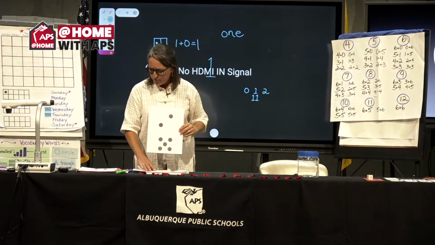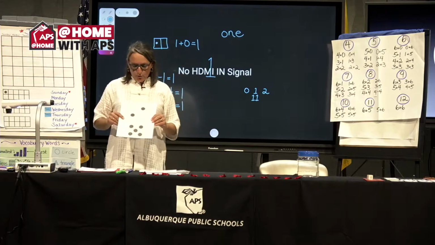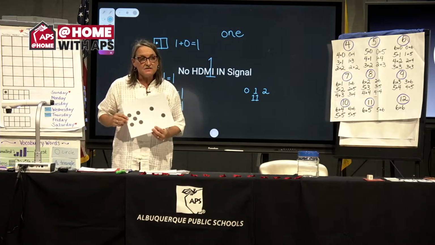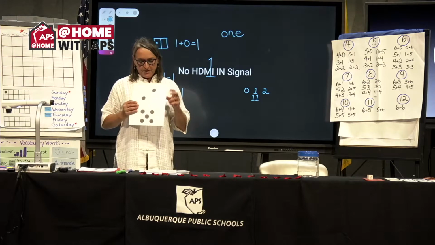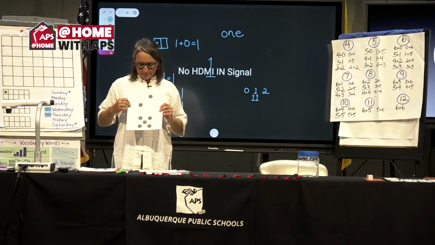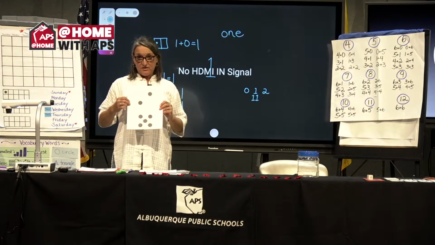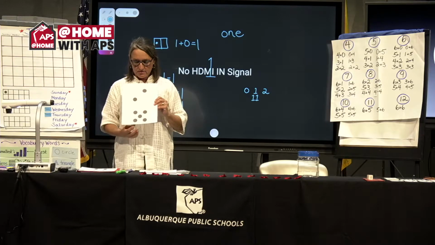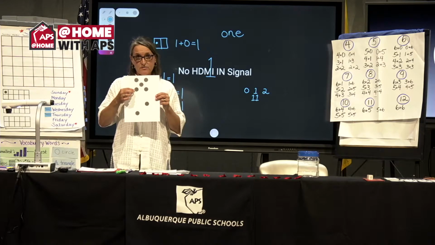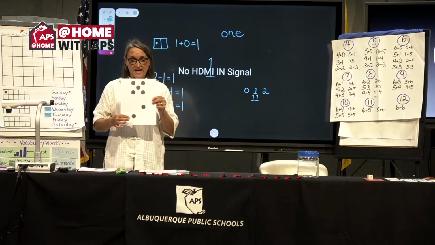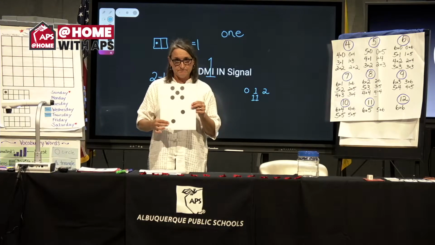So this is kind of important to know if you are counting to figure out how many. It might be easier for you to think about starting with the 5 because you might have less to count if you're counting on.